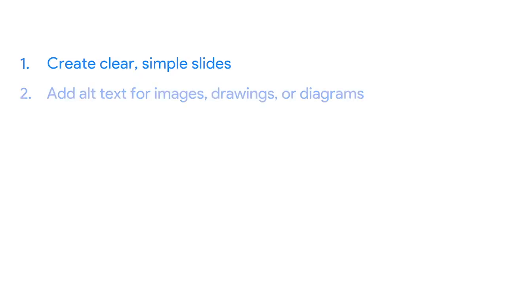Another tip is to include alternative text, also called alt text, for any images, drawings, or diagrams. Doing so describes the information relayed in a graphic to make it accessible to people who rely on screen readers. To add alt text in Google Slides or PowerPoint, simply select the object, right-click, and then select alt text.